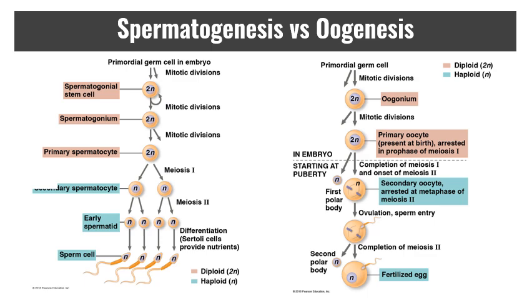So the embryo, girls are born with every egg cell they're ever going to have. The primordial germ cell oogonium process. The primary oocyte is present at birth, but it's arrested in prophase 1. So at puberty, the various hormones that regulate meiosis will begin to complete the process of meiosis 1 and begin meiosis 2.